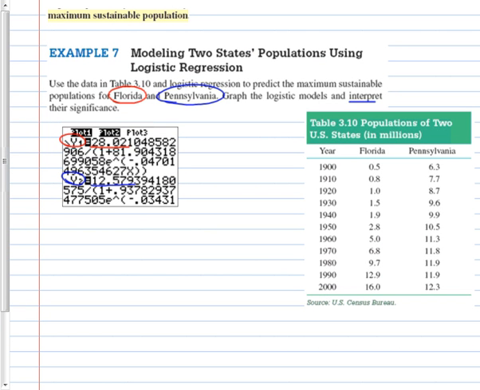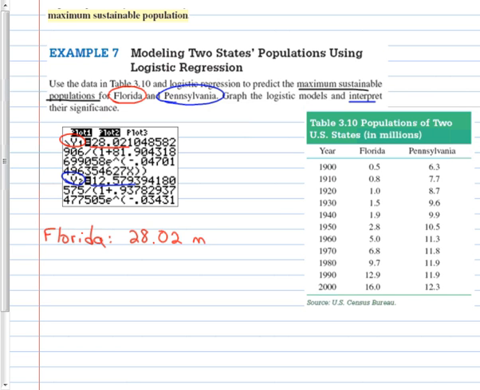And it says in our question, use logistic regression to predict the maximum sustainable populations for Florida and Pennsylvania. And then we're going to interpret their significance. Okay, well tell me about Florida. What is the predicted maximum sustainable population? 28.02 million.